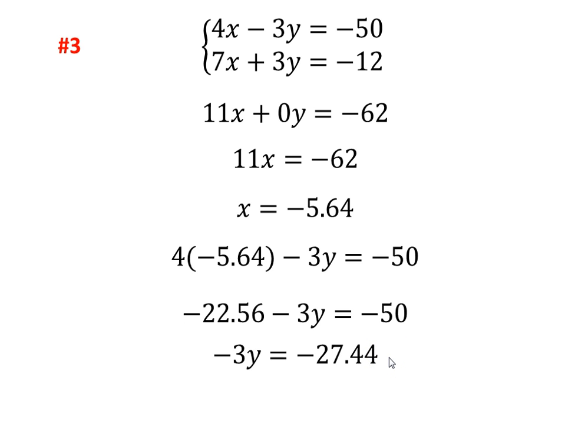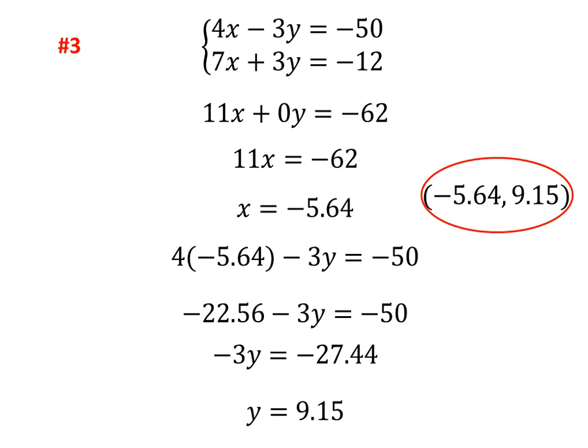Divide both sides by -3, and we get y is equal to 9.15. Another decimal for you. So the solution to this system then, as an ordered pair, is (-5.64, 9.15).